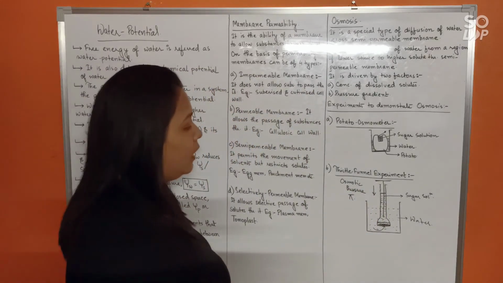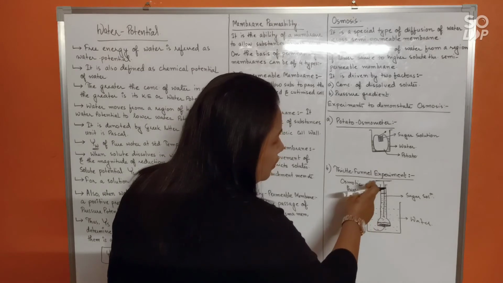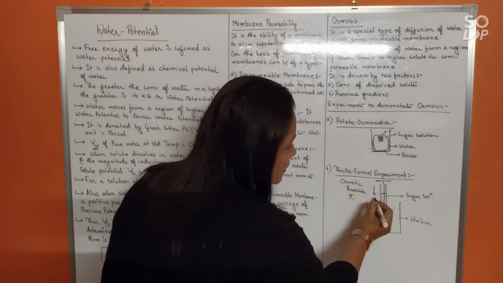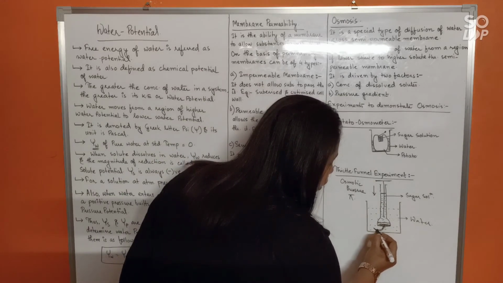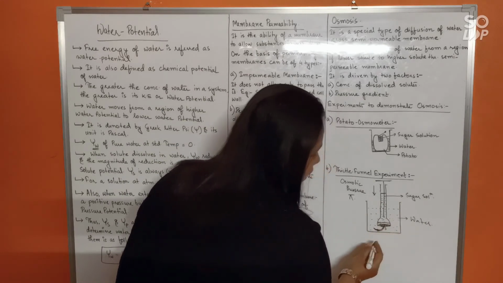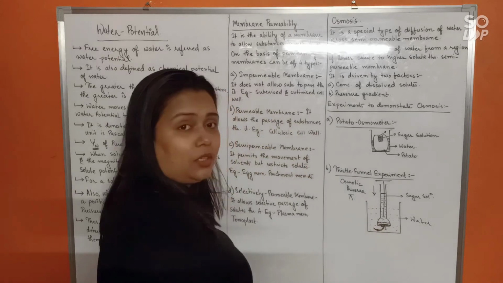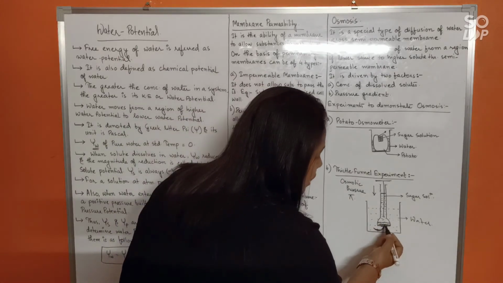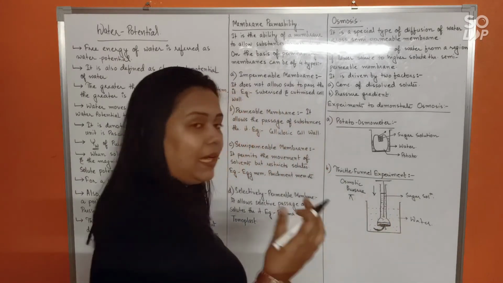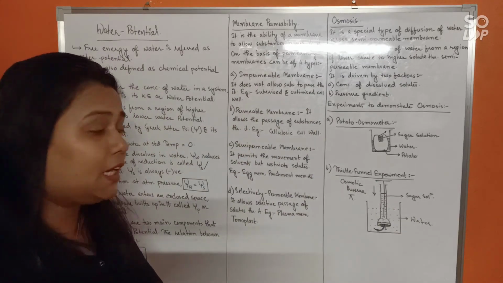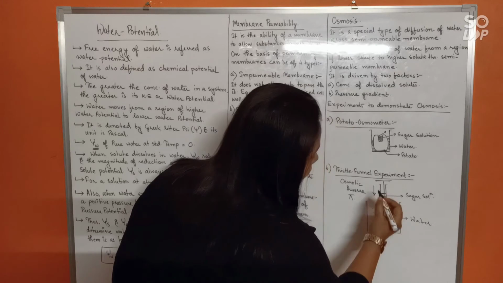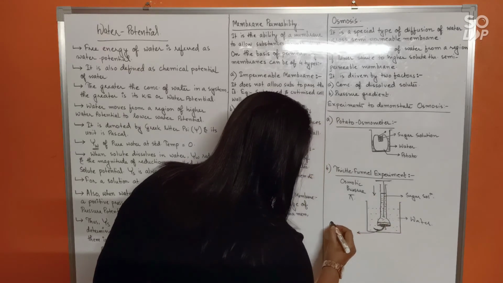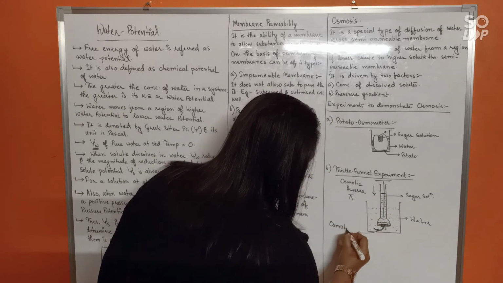Alright. Now, because there is a pressure being exerted in this direction, that means osmotic pressure, there is also an equal and opposite pressure being exerted in the opposite direction, right? And water wanting to get into the funnel is also under a pressure, right? So this pressure that is being exerted towards the funnel is called osmotic potential.